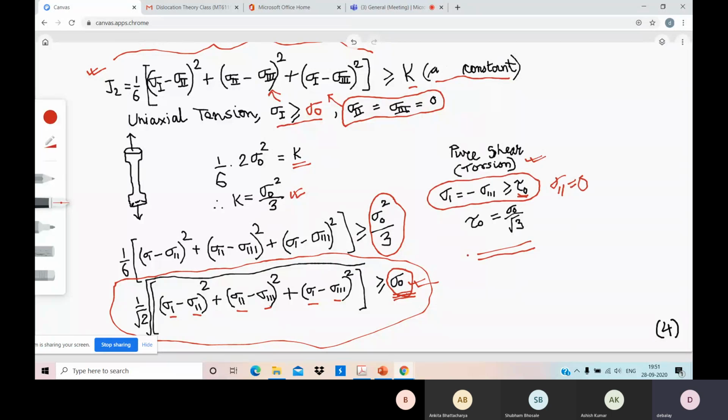Apply this in the von Mises criterion, keep sigma naught this side, and you will get a relation between tau naught and sigma naught. Following von Mises, tau naught equals sigma naught by root 3. But according to Tresca, tau naught equals sigma naught by 2. So there is a difference.